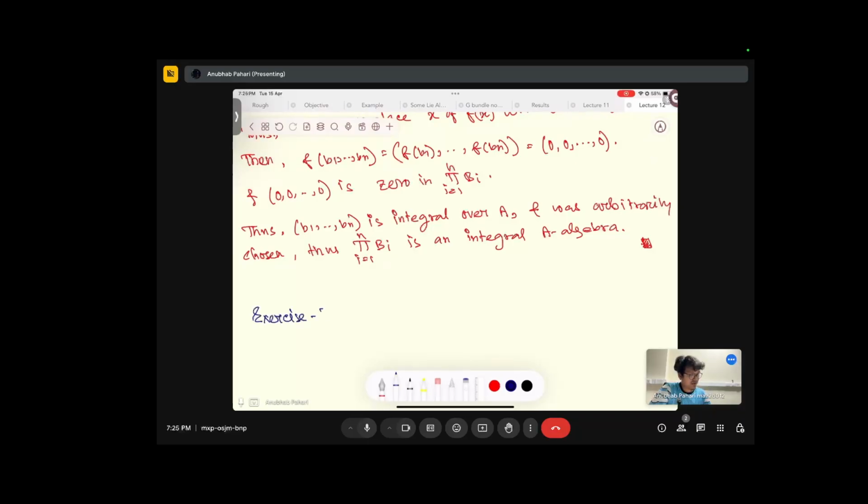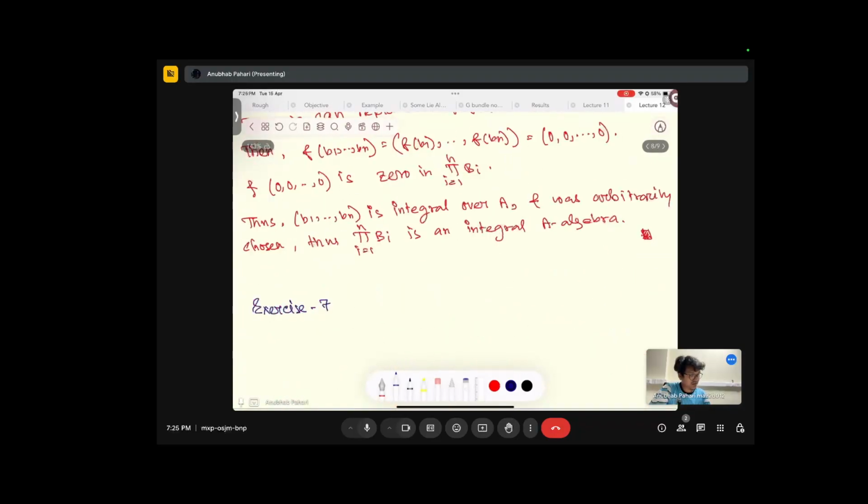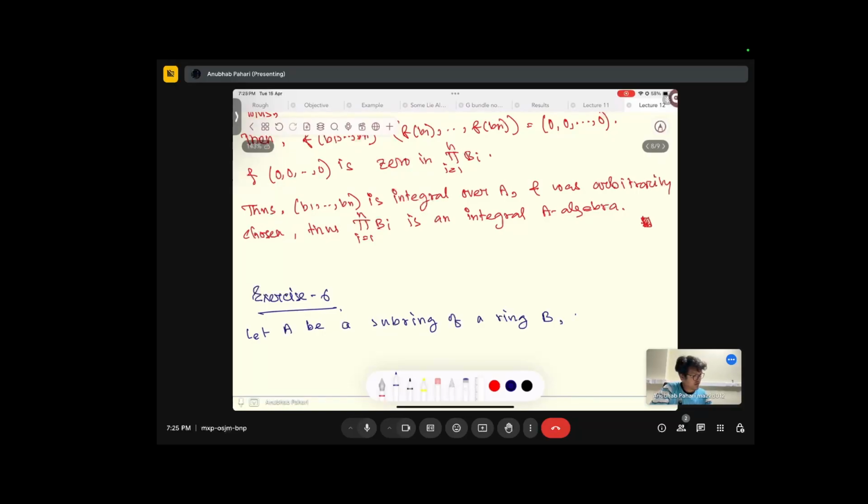So yeah, exercise 6. Let A be a subring of B, B a ring, such that the set B minus A is closed under multiplication.